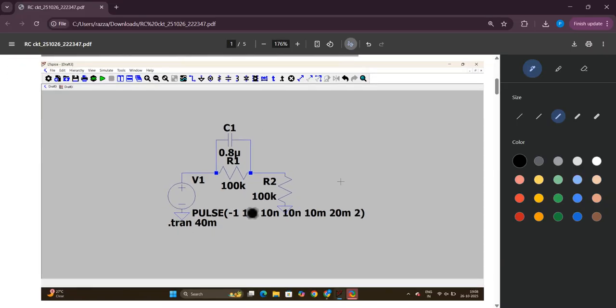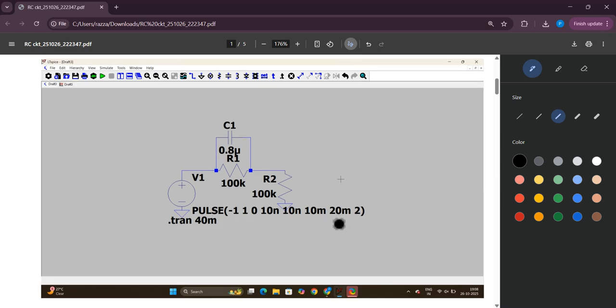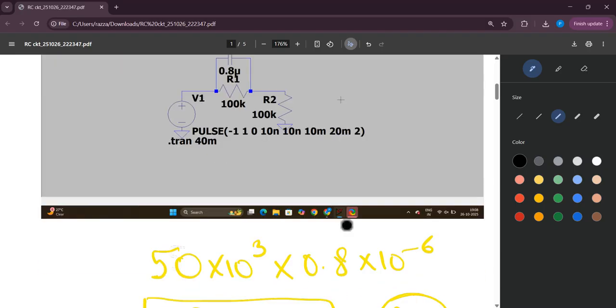With the pulse, I define the pulse. Minus 1 is the initial voltage for t less than 0. This is 1 volt, and this is the zero delay, rising and fall time, which is in nanosecond. This is the on time period, and this is the total time period of the circuit.